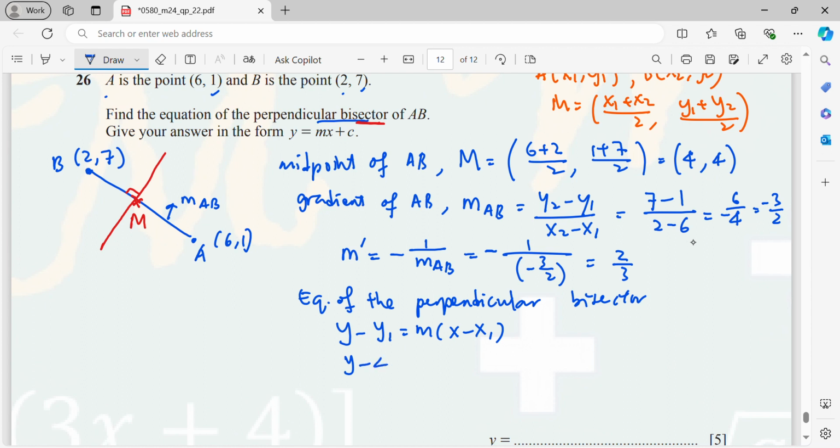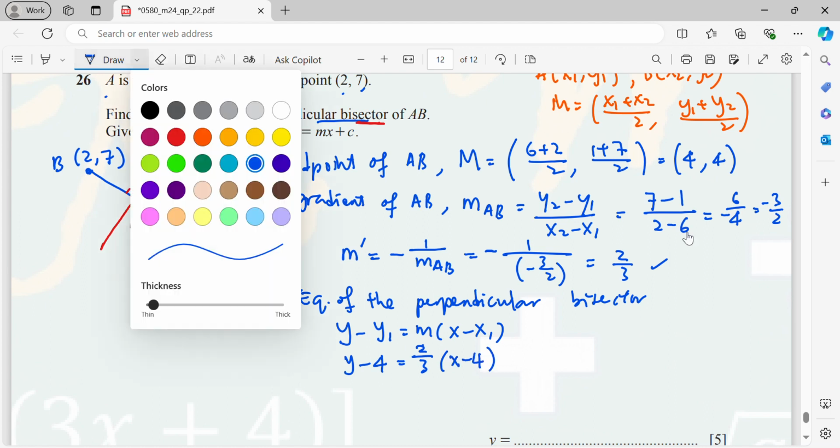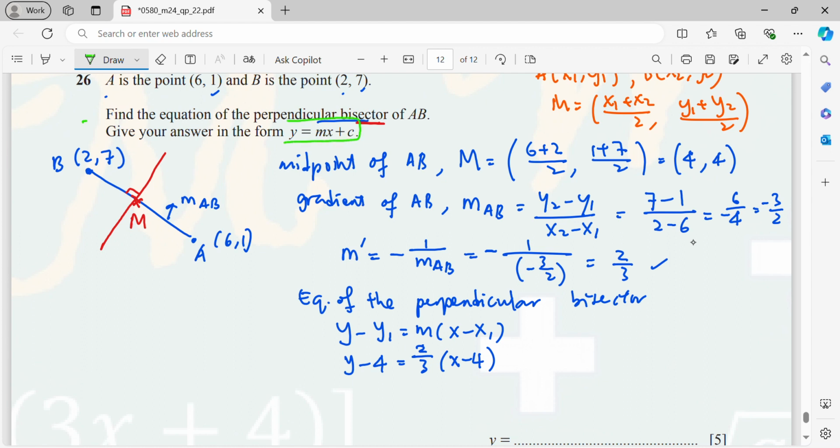So y minus 4. The m now is the m prime, which is 2 over 3. Then x minus 4. And now the final answer, look at the question here, y equals mx plus c. That means now I have to move the minus 4 to the other side. At the same time, I multiply this 2 over 3 with x minus 4. So you will be getting 2 over 3x. So 2 over 3 times negative 4, that is minus 8 over 3.